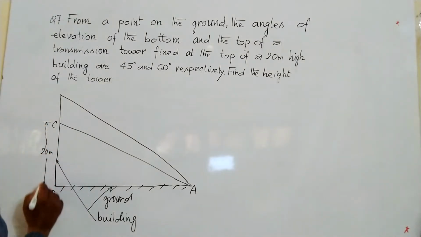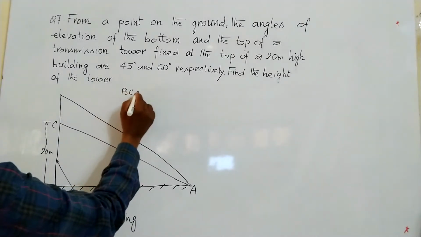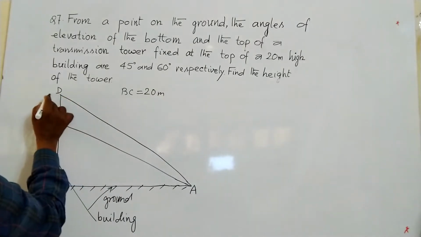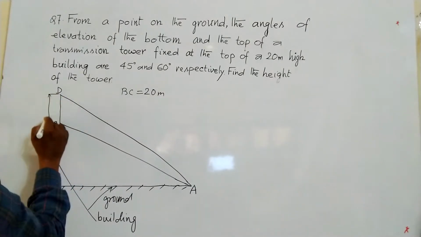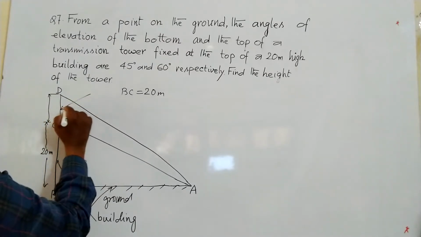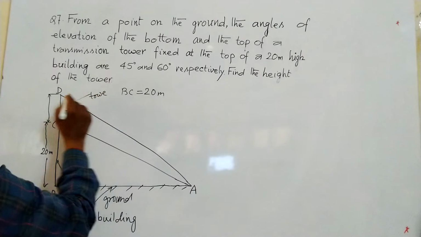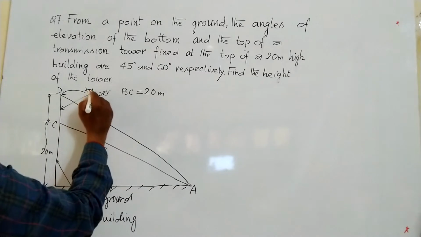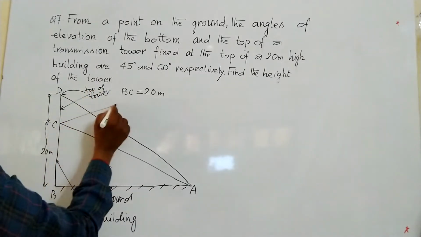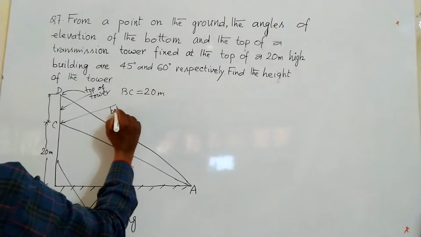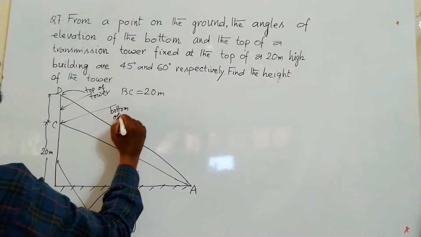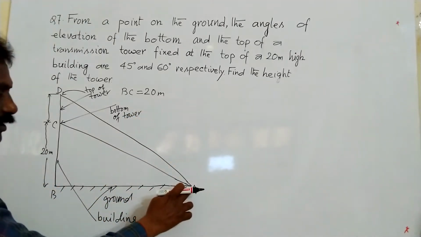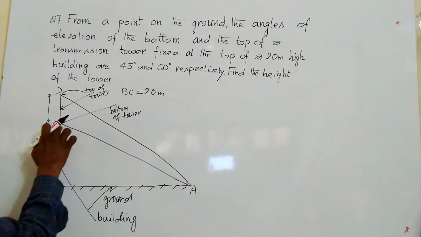Okay. Then here BC equal to 20 meter is given, and let us say this CD is the height of the tower. This is the tower, this is the top of the tower, and this is the bottom of the tower.